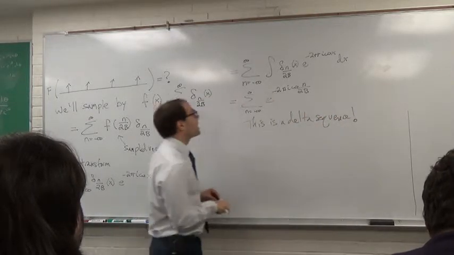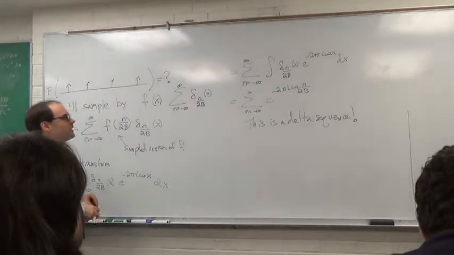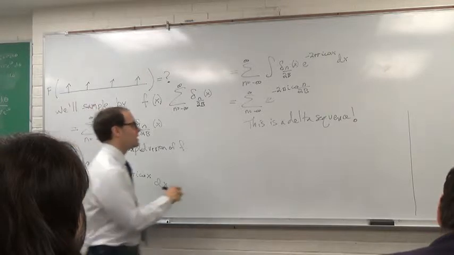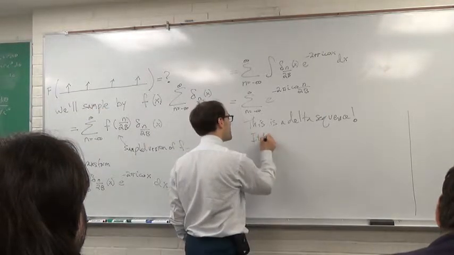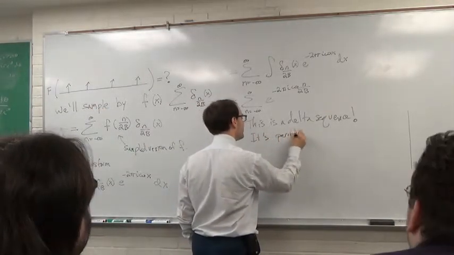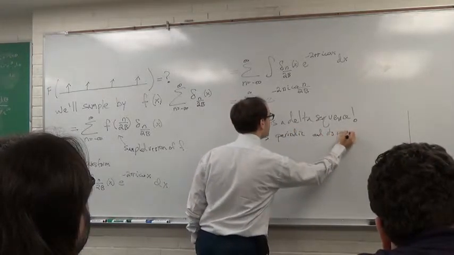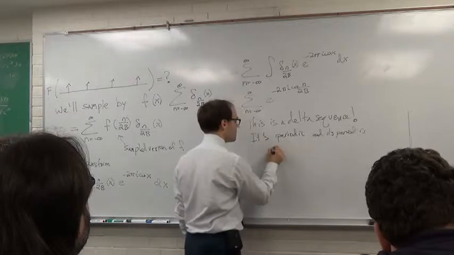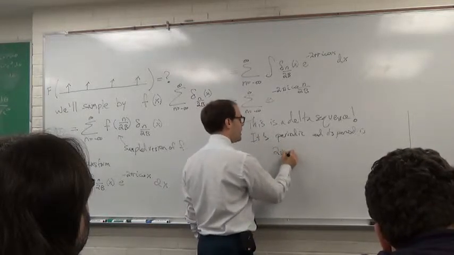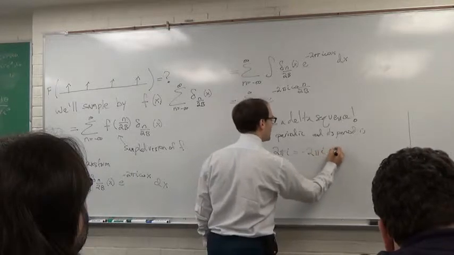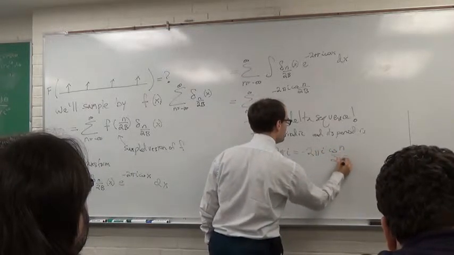In particular, it's periodic. What's its period? Its period is whenever 2 pi i is equal to minus 2 pi i omega n over 2b.